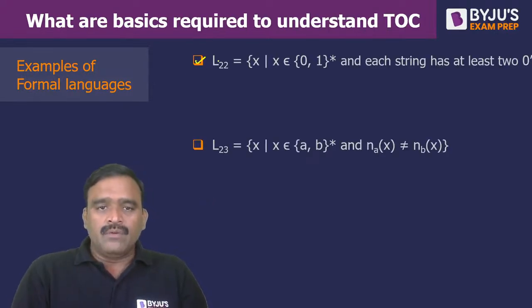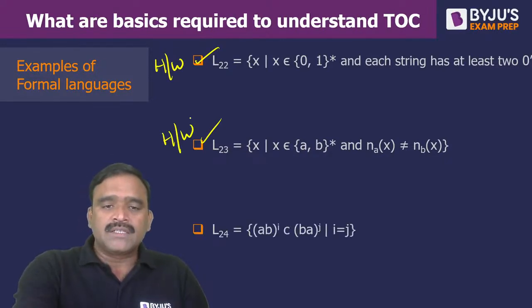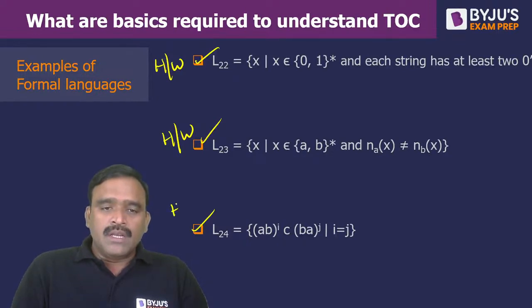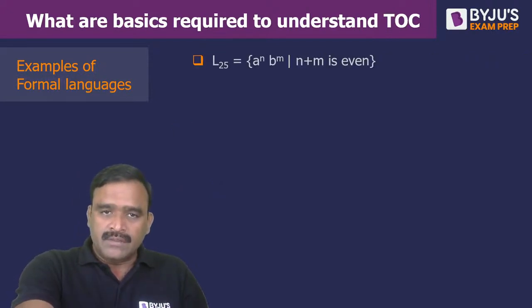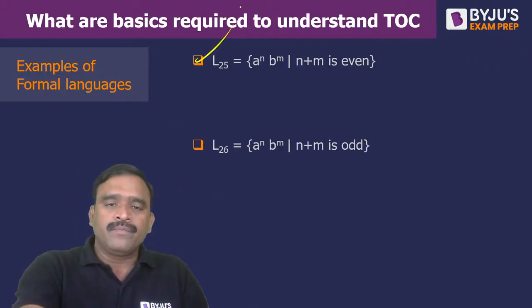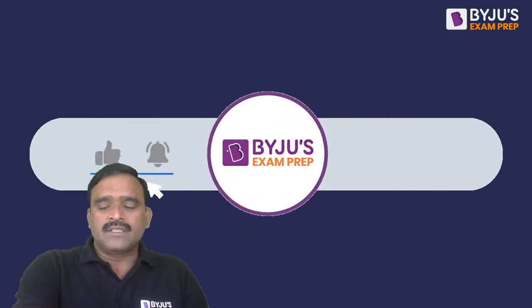L22, L23 also. This is given as homework just for analyzing what are valid strings and what are invalid strings. So till L24 I am giving you, and please make a comment in the comment box for asking any question related to this. L25 also, 26 also, 27. So these are the strings.